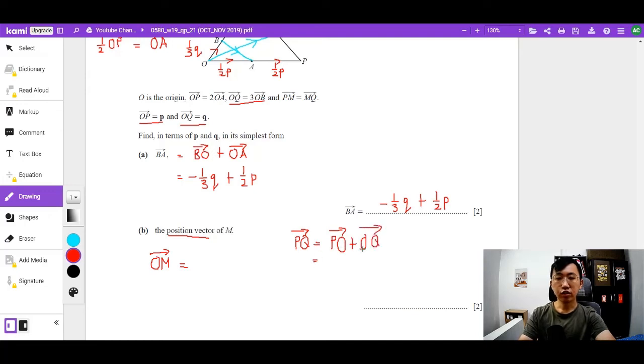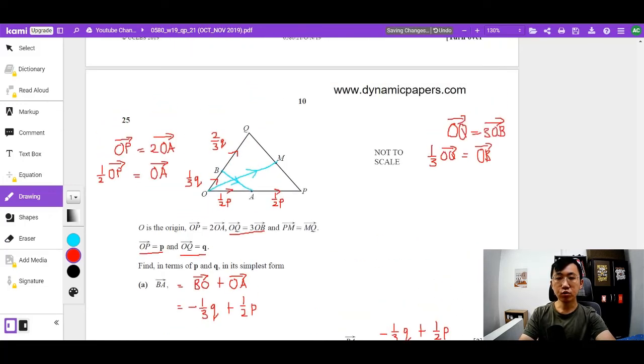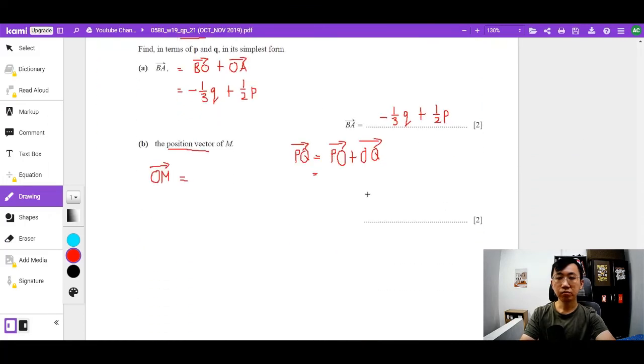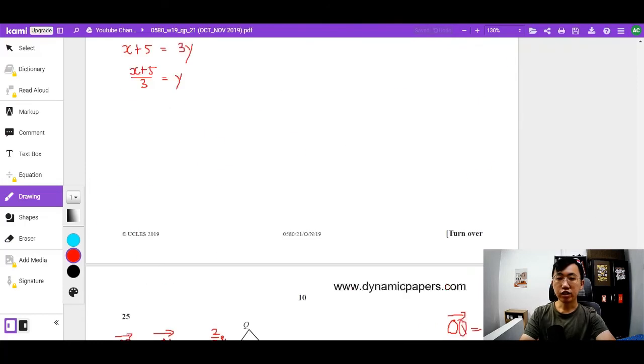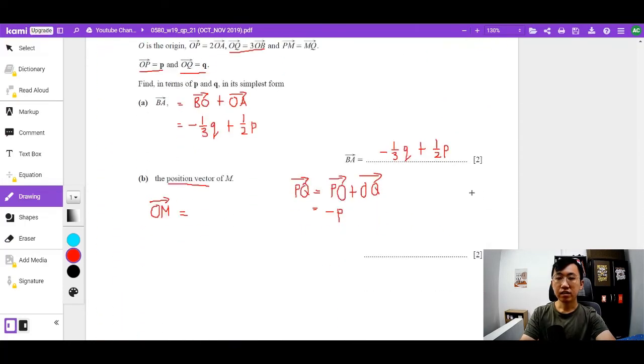Then check out your labeling in the diagram. So what is PO? P going to O is the reverse of this direction. So it's going to be negative P. Reverse direction. Okay, see this information, O to P is P, so when you go from P to O, it's going to be negative P. Alright, check out our next vector here.